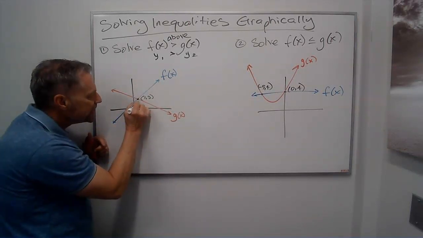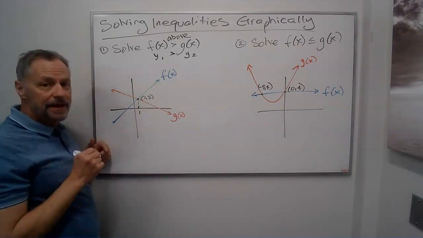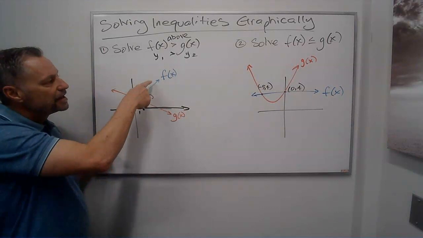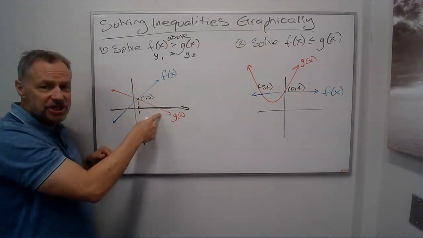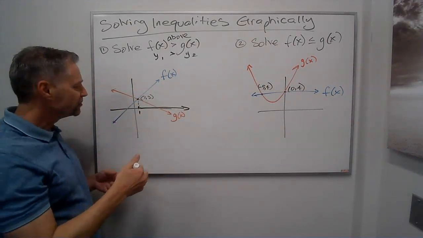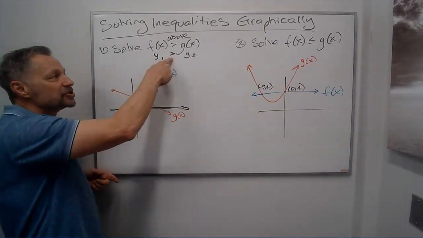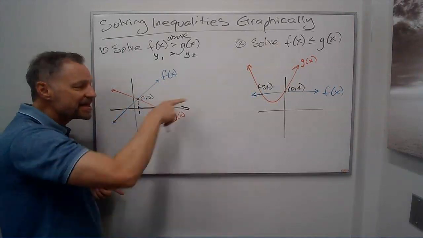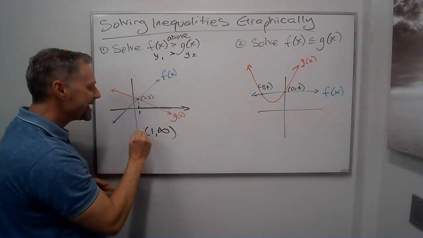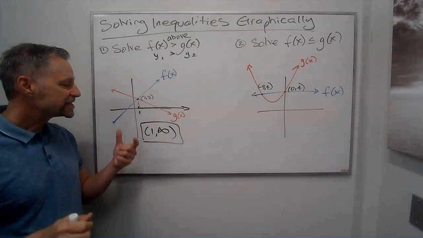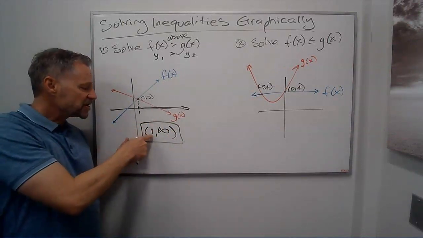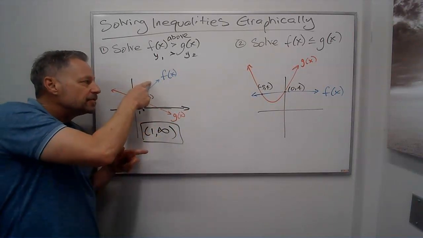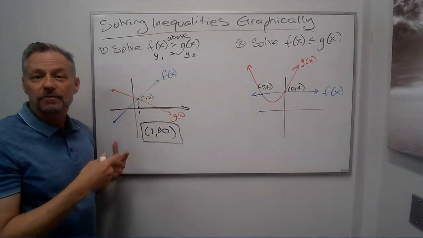So if I go here, starting at 1, and then anything to the right, the f graph is above the g graph. And I just need to write that in interval notation. Since there's no equal sign here, I don't include the 1. So I'll go parentheses 1, and then forever to the right, which is infinity, and that's my answer. So anytime I have an x value anywhere between 1 all the way to the right, the f graph is above the g graph, or it's greater.